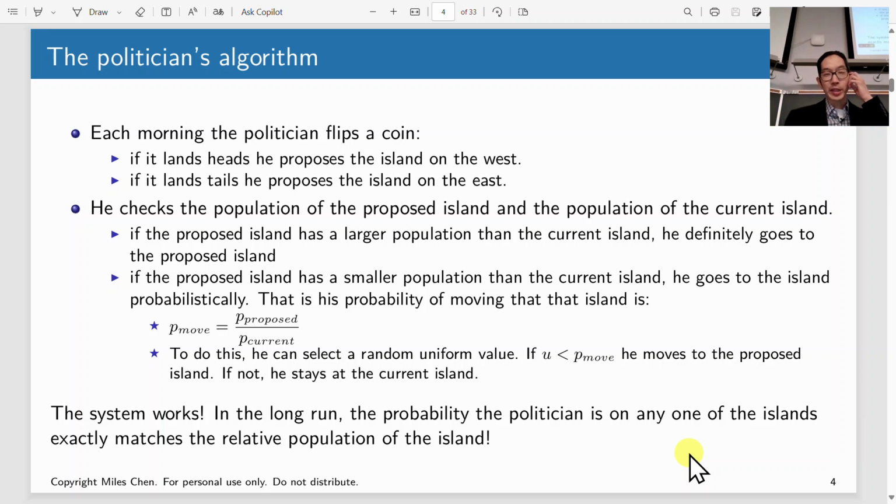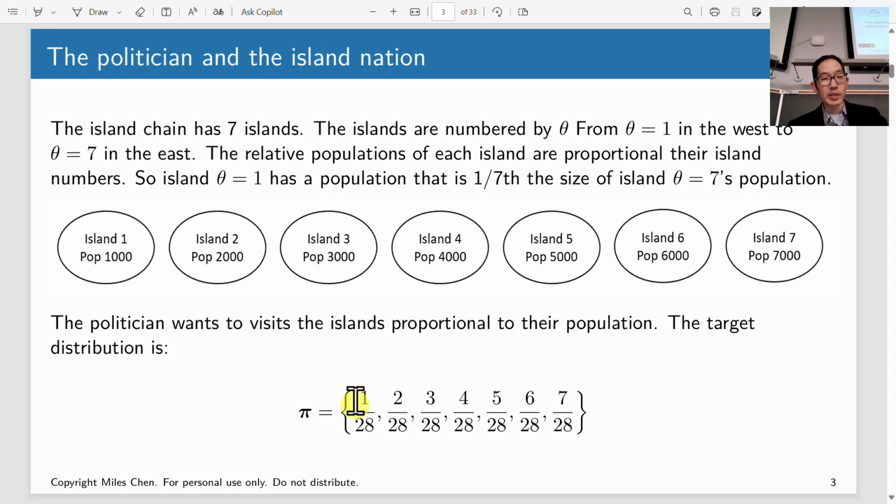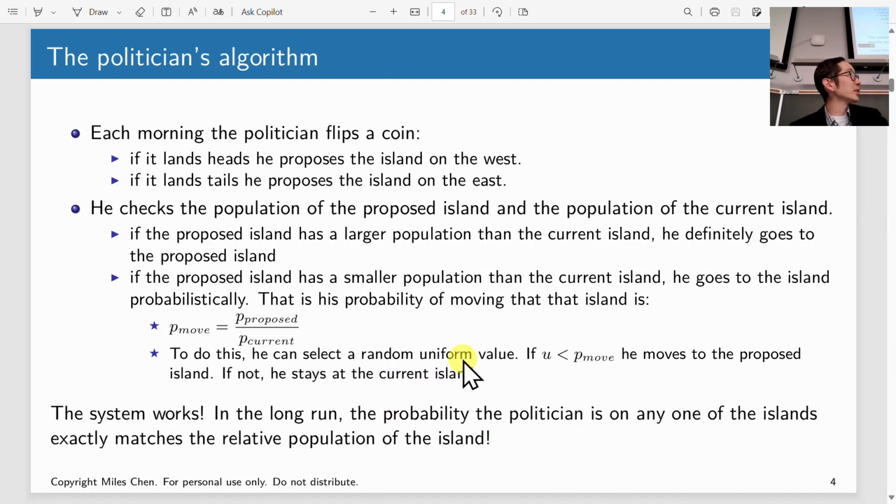And so we calculate a ratio, which is the target probability of the proposed location divided by the target probability of the current location. And that will be our P move. And so if P proposed is less than P current, P move will be a value between 0 and 1.